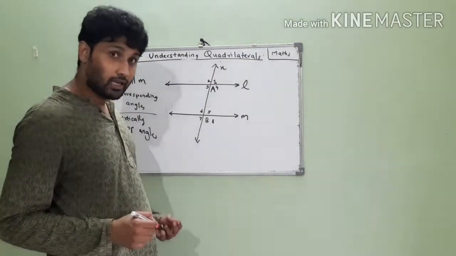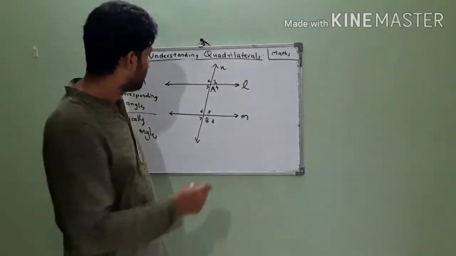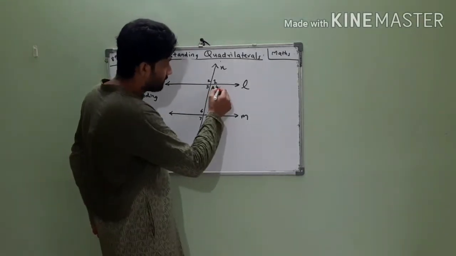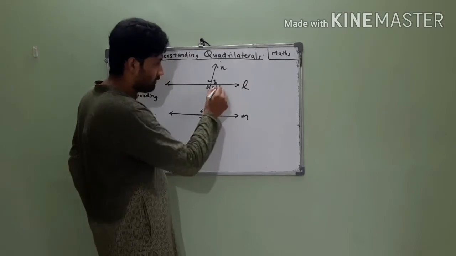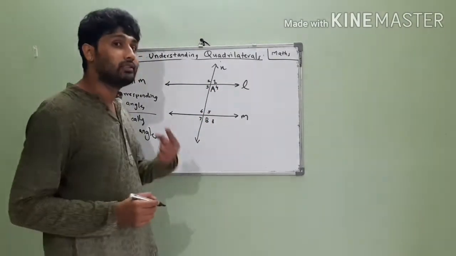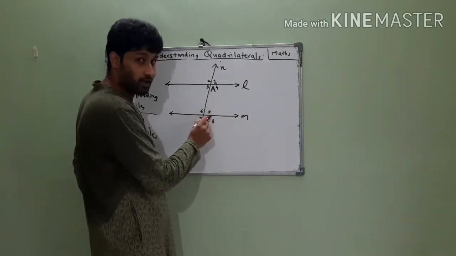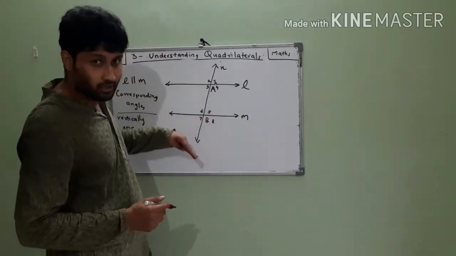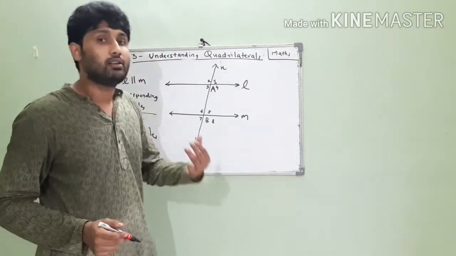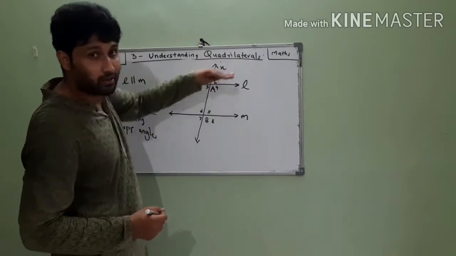Next is what we get as alternate angles. Alternate angles, so if you see 4 and 6, they are called as alternate angles. That is first pair. Second pair will be angle 3 and angle 5. And these angles are called as interior alternate angles because they lie between the two parallel lines.